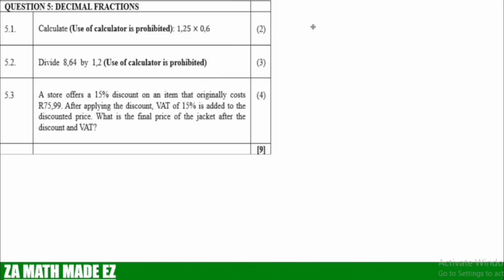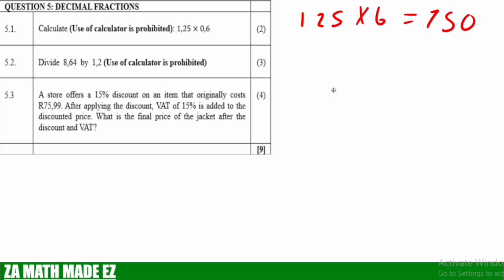Question 5. Decimal fractions. 5.1. Calculate 1,25 times 0.6. Now, an easy way to do this, let's ignore the commas. 125 times 6 is equal to 750.